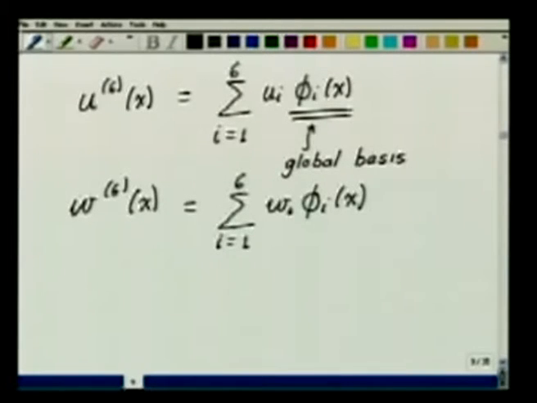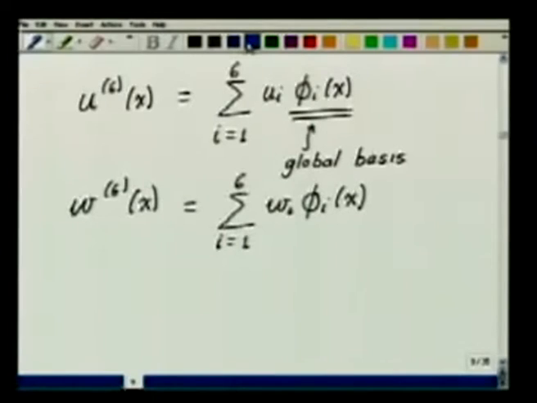When in the weak formulation, or in our weighted residual formulation, we use w to have the same representation as u, that is, represented in terms of the same basis functions, then that formulation is called the Galerkin formulation.